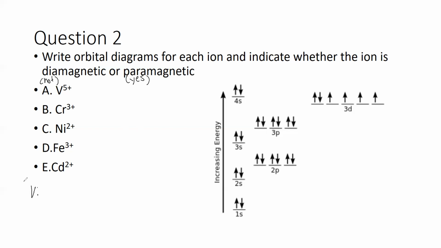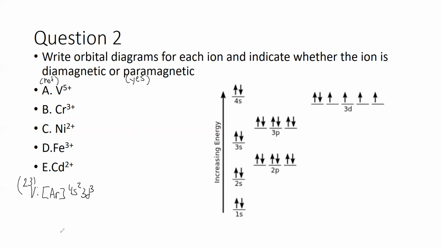So that's element number 23. And it has the electron configuration of argon, then it would be 4s2, 3d5. Or sorry, 3d3.